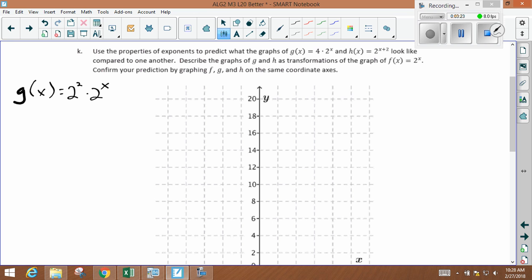Right, 4 is 2 squared. Don't we have a property of exponents that says that we can add those exponents and keep the base the same? So this becomes 2 to the 2x. So isn't that the same thing as h of x? So clearly those graphs are going to be the same.